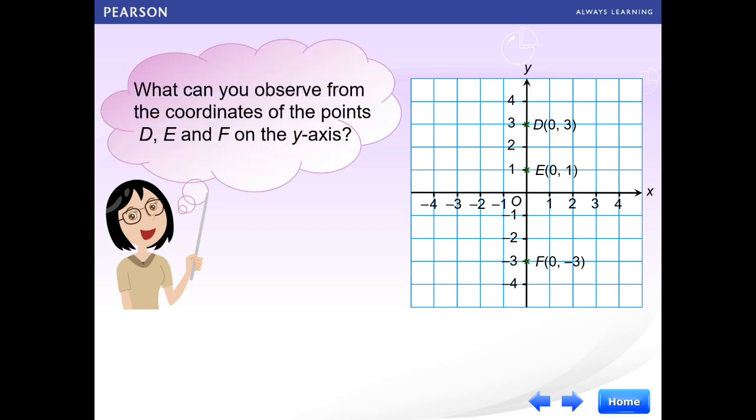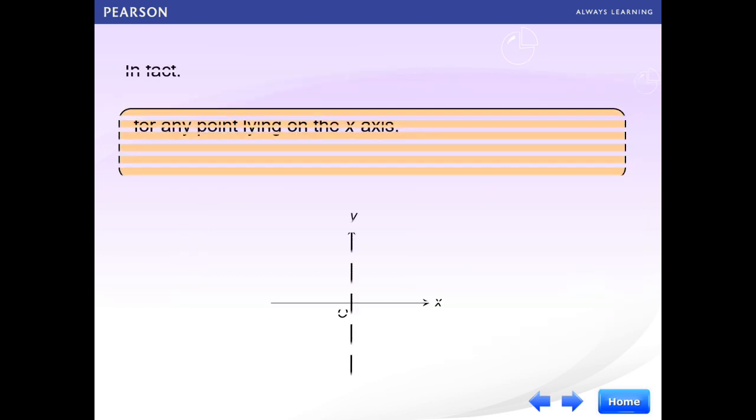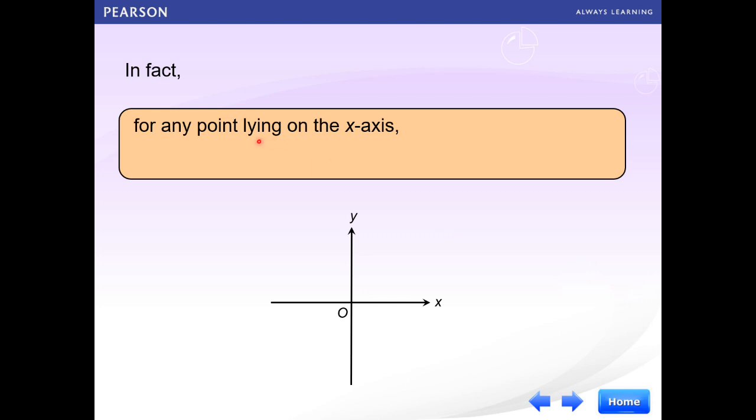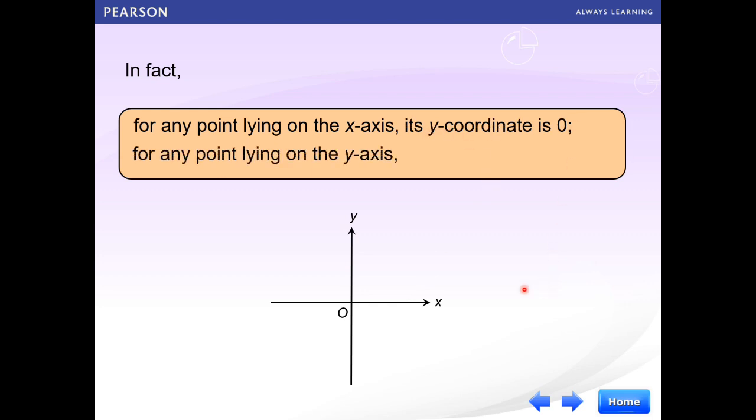Any similarities? Yes, of course, the x-coordinates of these 3 points are also 0. So in general, for any point lying on the x-axis, the y-coordinate is 0. On the other hand, for any point lying on the y-axis, its x-coordinate will be 0.